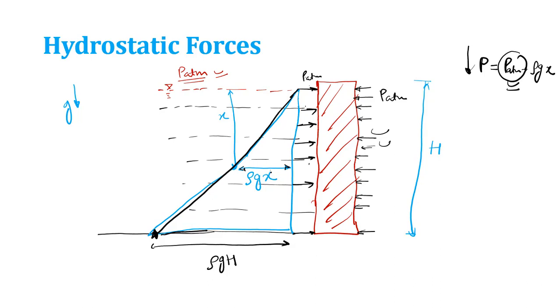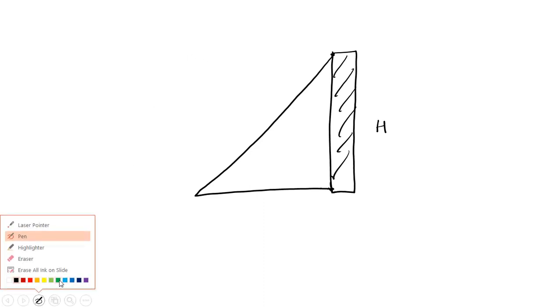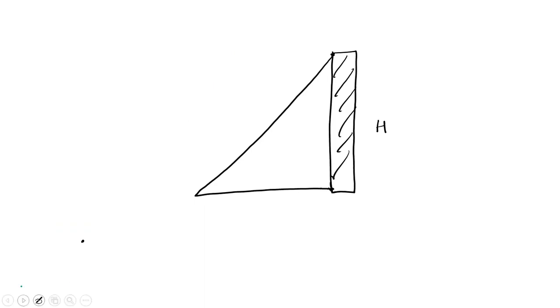So let us draw the final wall. This will be the pressure diagram on this wall. Okay, if this height is h and I have a fluid here, this is the fluid, the free surface of the fluid.